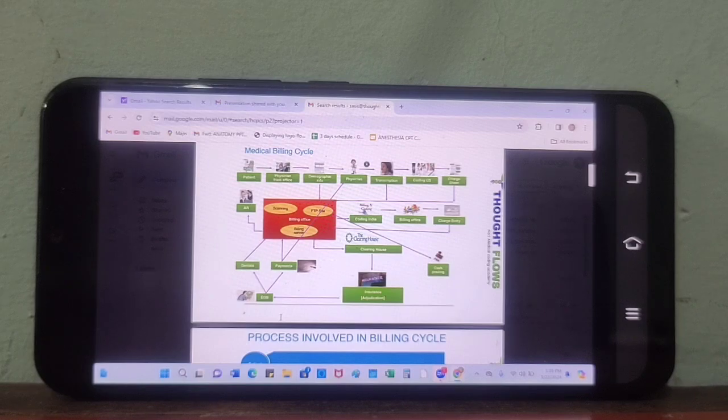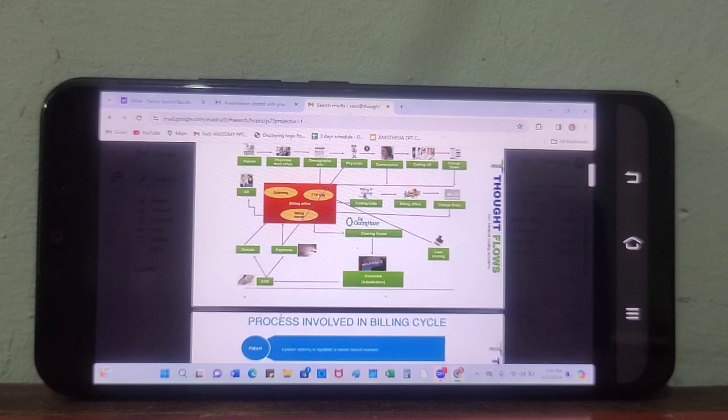The patient must fill in some details in the demographic sheet, which is provided in the physician's front office. Once the patient has filled in the details, the patient can meet the doctor.